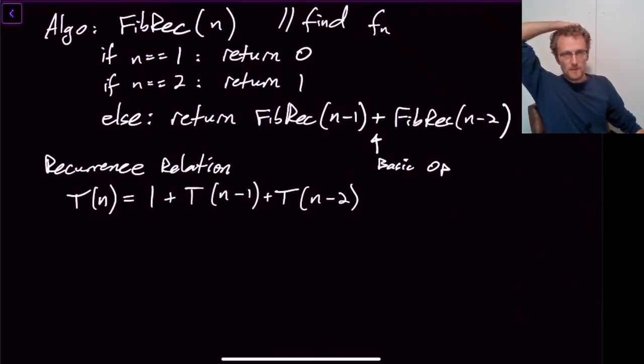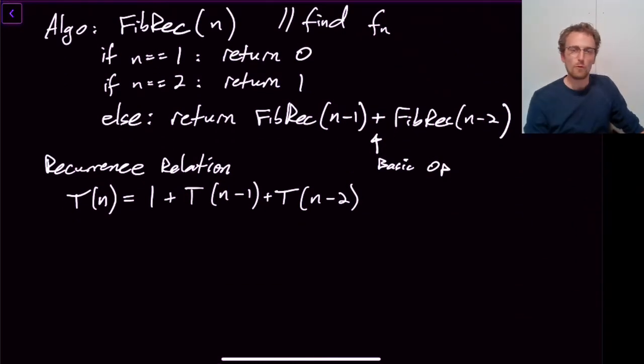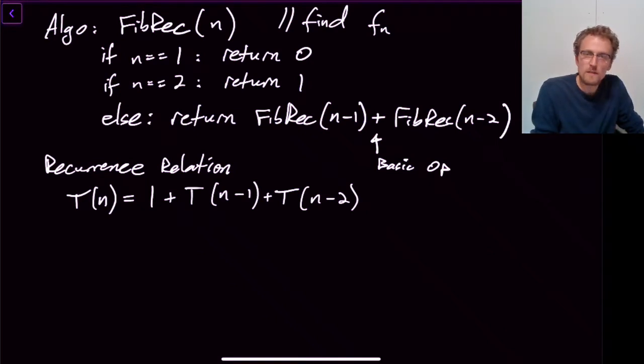Now, this turns out to be considerably more difficult to solve than it looks, right? So I highly encourage you to pause this video and try to work this out using the reverse substitution method that we've done with the other ones. You'll find that it's not trivial. You'll have a very difficult time coming up with a generalizable way to send this all the way down to its base cases.